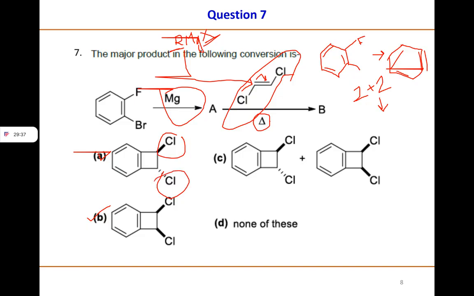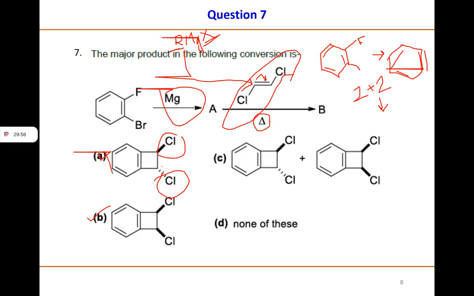It will not give a trans product because the dienophile stereochemistry was already trans. Trans will become cis in thermal condition in a 2 plus 2 cycloaddition reaction. So that's why A is not the correct option.